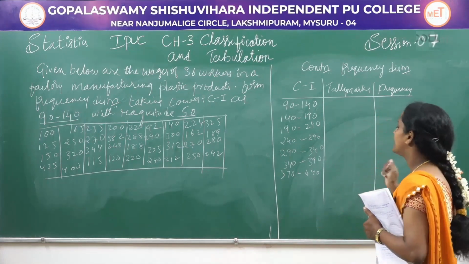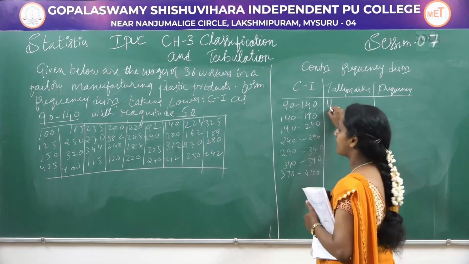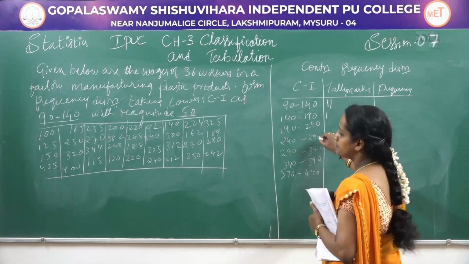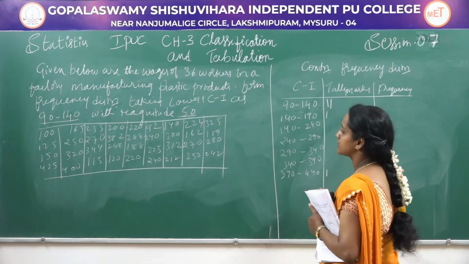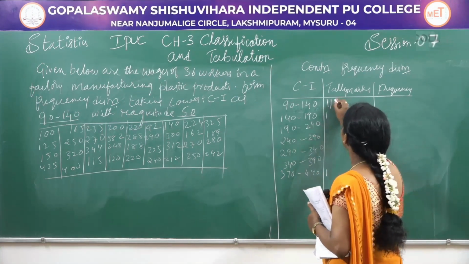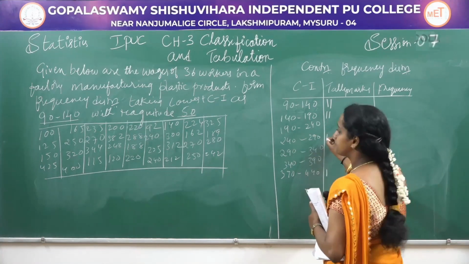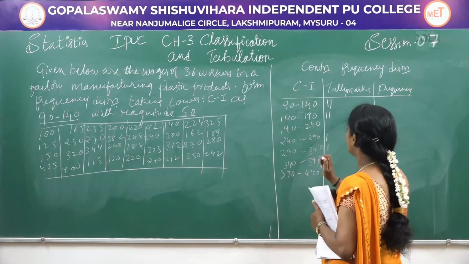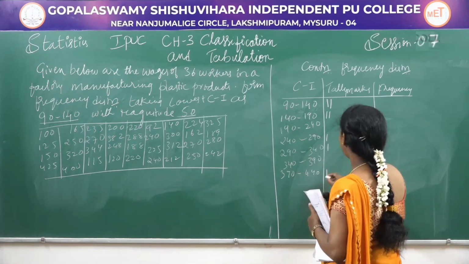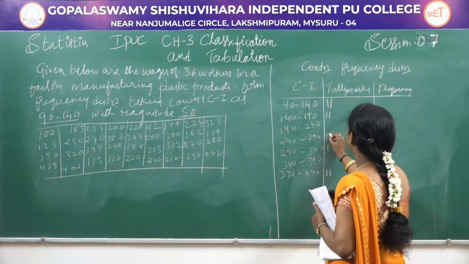Let's carry on the tally marks. First one is 100, next 125, 150, 425, next 165, 250, next 320. 320 will come in 290 to 340. 400, next 235.